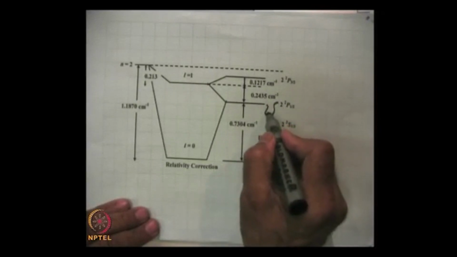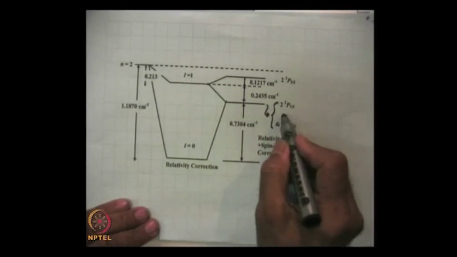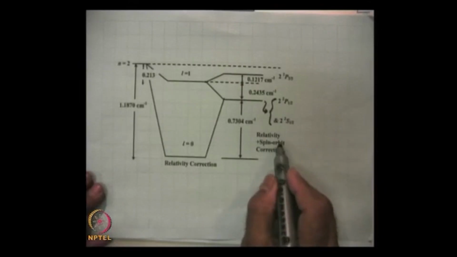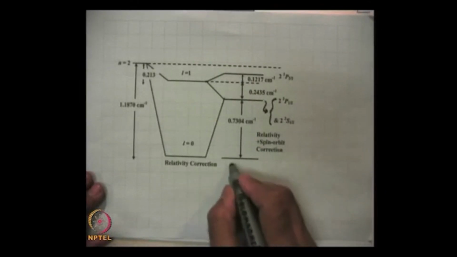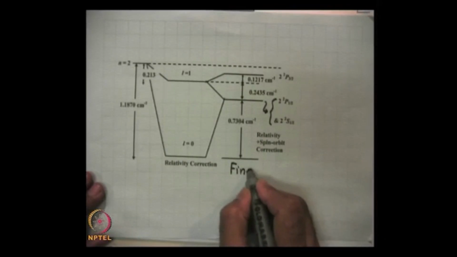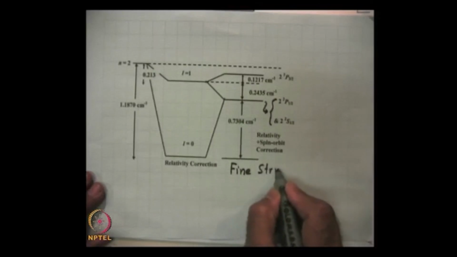It depends not on the L value, as we see from the last expression. This is the relativity plus spin orbit correction, and so this is the fine structure of the spectral line.